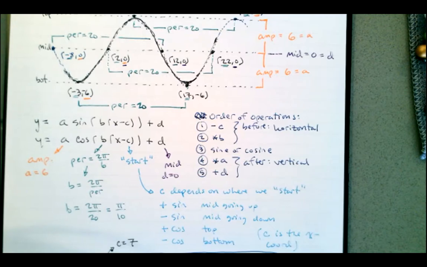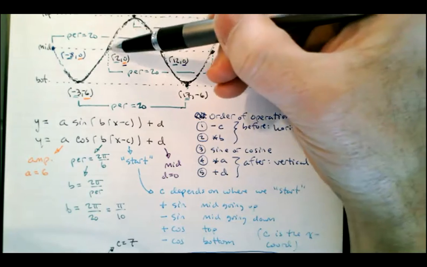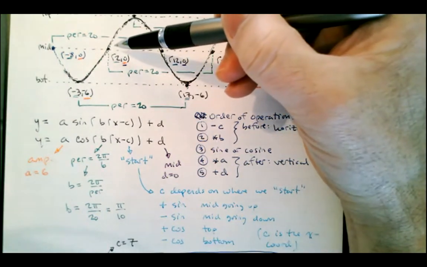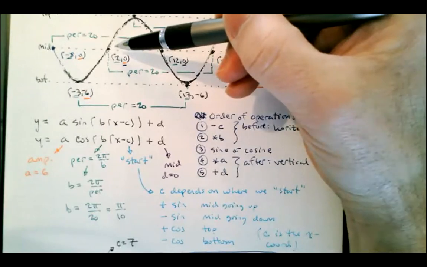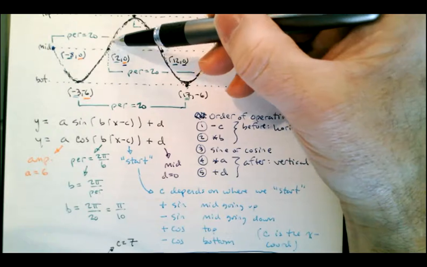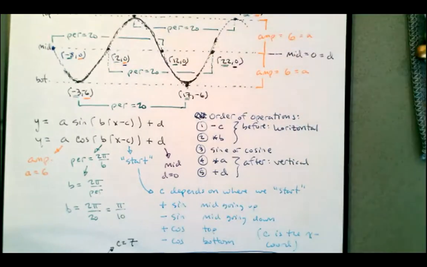So c is equal to 2. I could write an equation for this function by saying y equals 6 times the sine of pi over 10 times x minus 2 plus 0. And that would be thinking of this as the starting point.